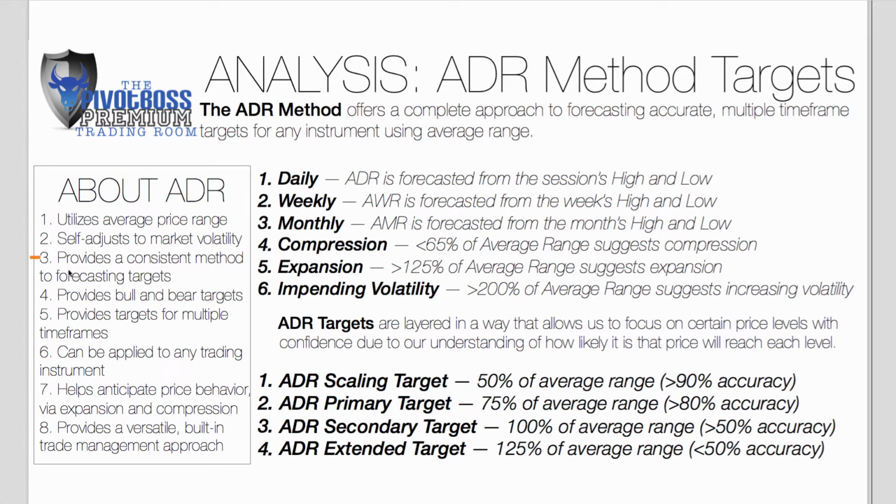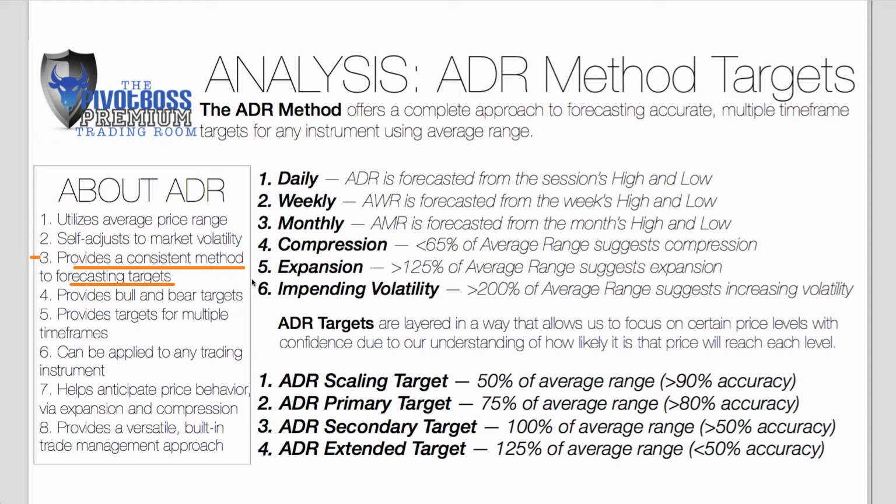Now, number 3 says it provides a consistent method for forecasting targets. That's extremely important. Again, consistency of execution in everything I do is very, very important to me. I have to be able to consistently apply a method, and if you're identifying targets in a market, then you want to be able to consistently identify those targets across all markets and time frames. What's your method for forecasting a target?